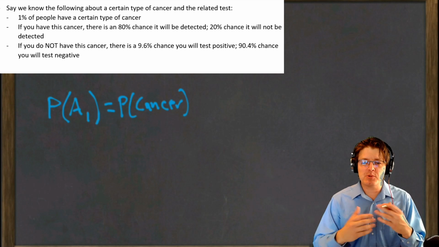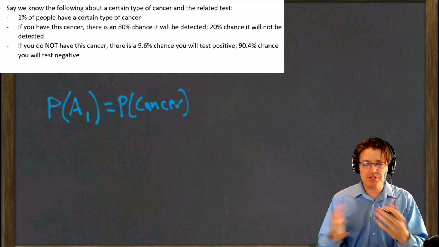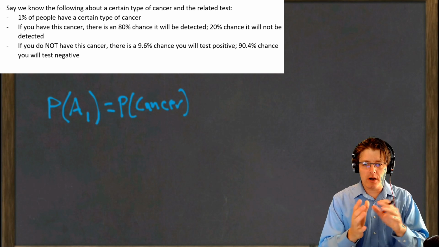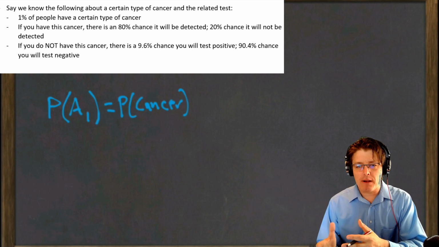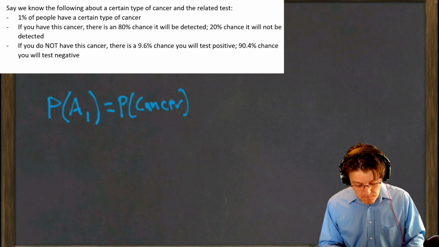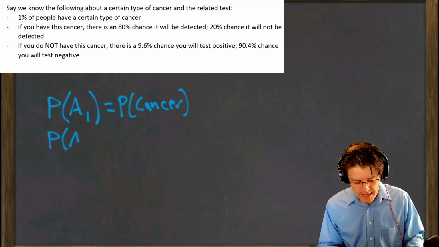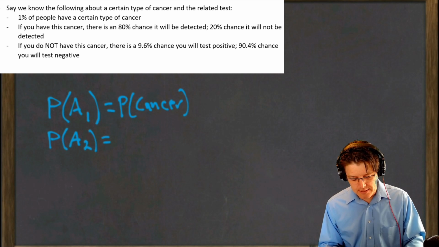Oftentimes when you're working through a complex problem like this, it's good to write down what our notations mean. So probability of A1 means the probability of having cancer. And so we can think of the probability of A2 as the probability of no cancer.